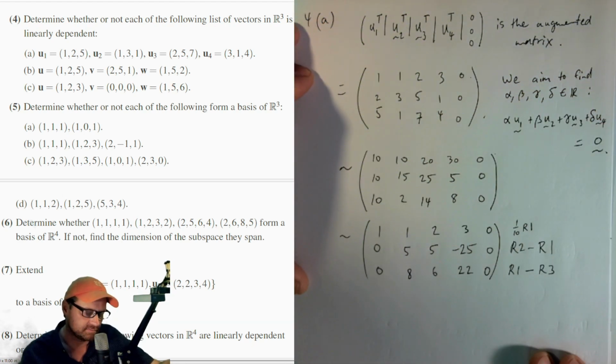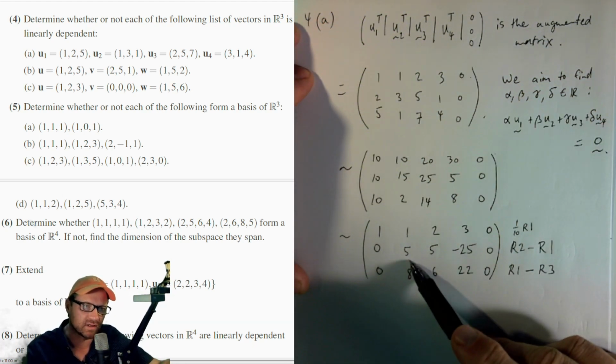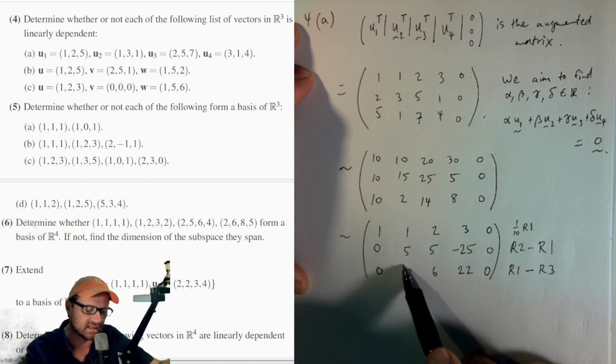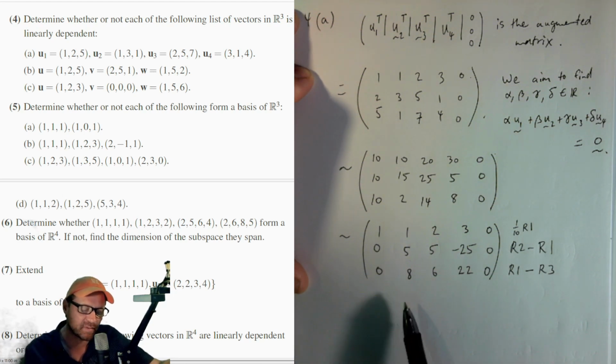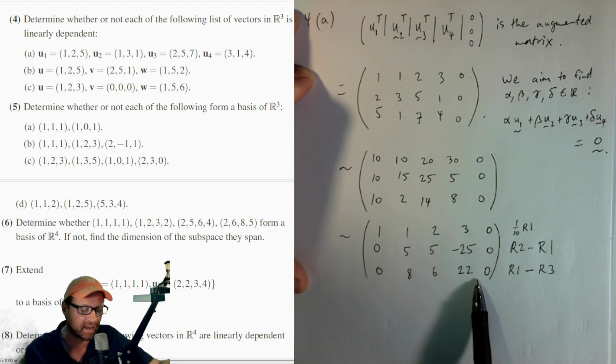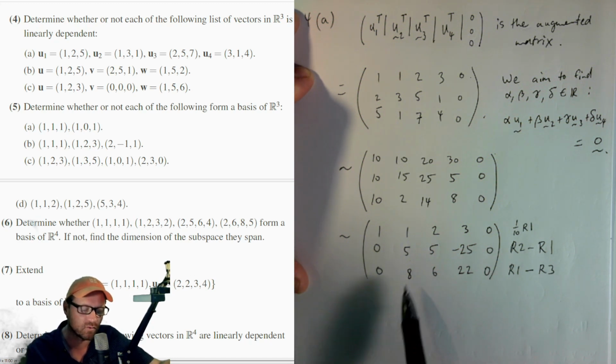Okay, next, we want our second pivot to be where this 5 is. I can see each of these entries is divisible by 5, so I can multiply throughout in that row by 1/5. But in anticipation of this 8 here, I can see that 8, 6, and 22 are all divisible by 2. So I want to multiply row 3 by 1/2. I will get a 4 when I do that.